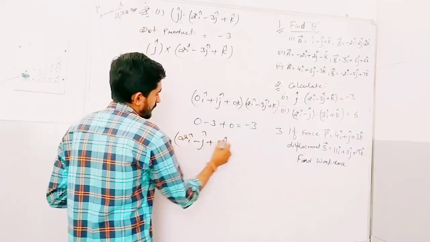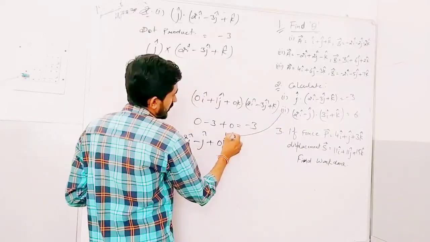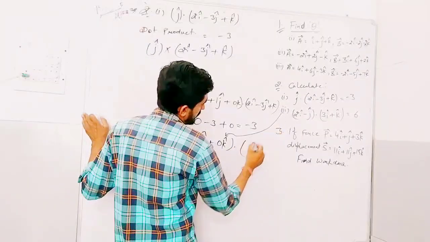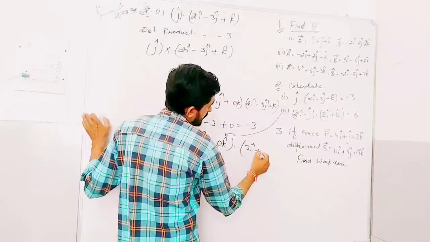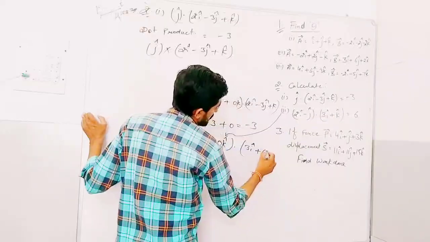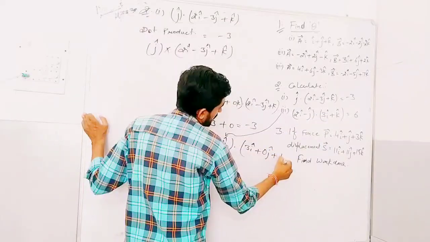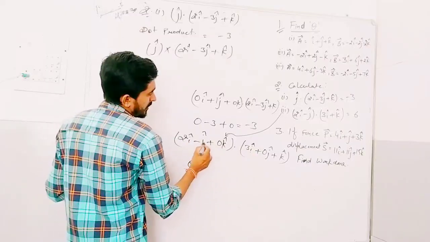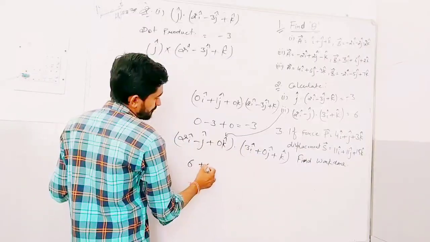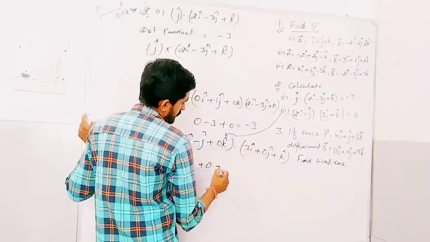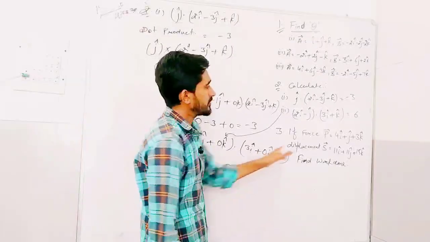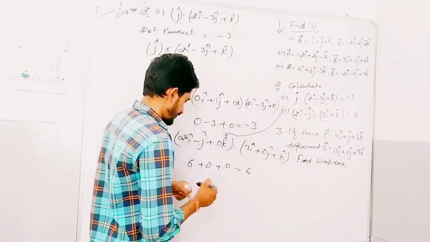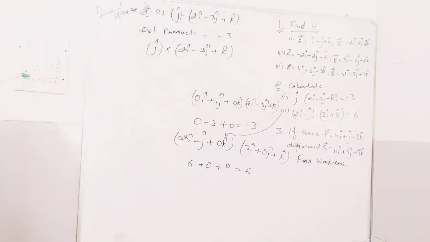This part I am doing here, dot with 3i cap. We don't have j cap here, then 0 j cap, then k cap. 2 into 3, 6. Minus 1 into 0, 0, and 0 into 1, 0. Then the answer will be 6. That's why this answer is 6 and this answer is minus 3. I hope you got the answer of the dot product.